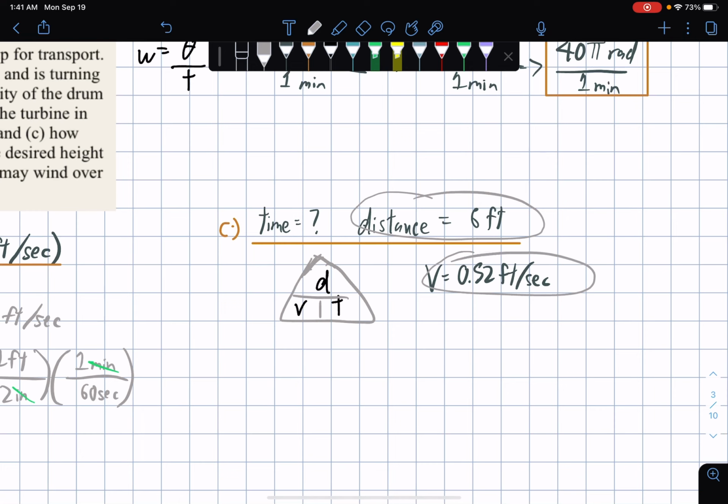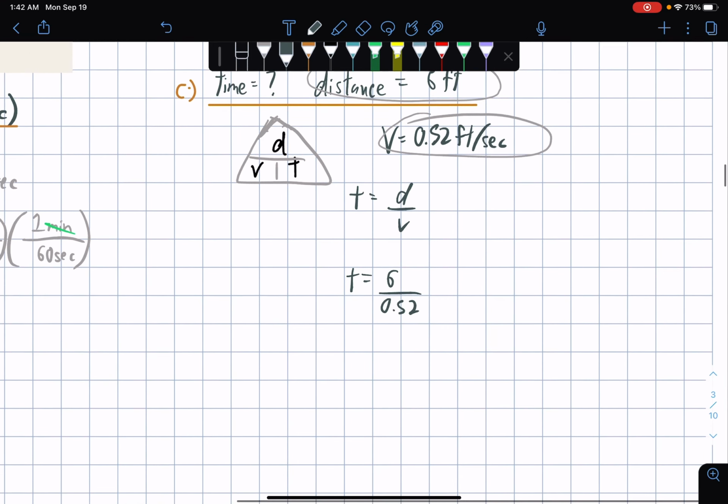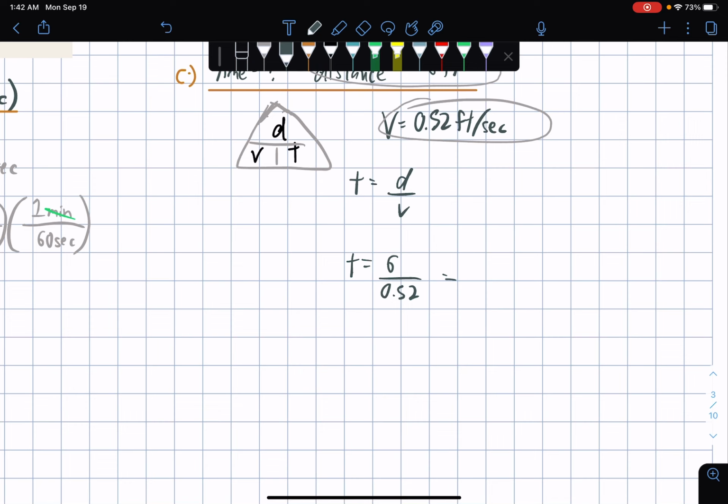Distance is 6 feet. So T is equal to D over V. T is equal to 6 over 0.52, which is equal to 11.54 seconds. This is the final answer.